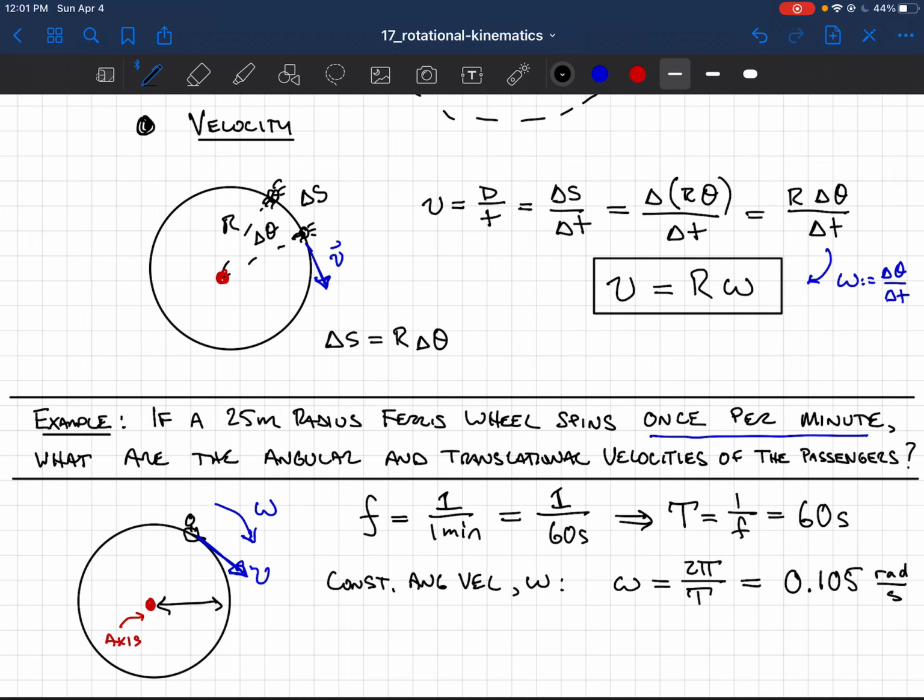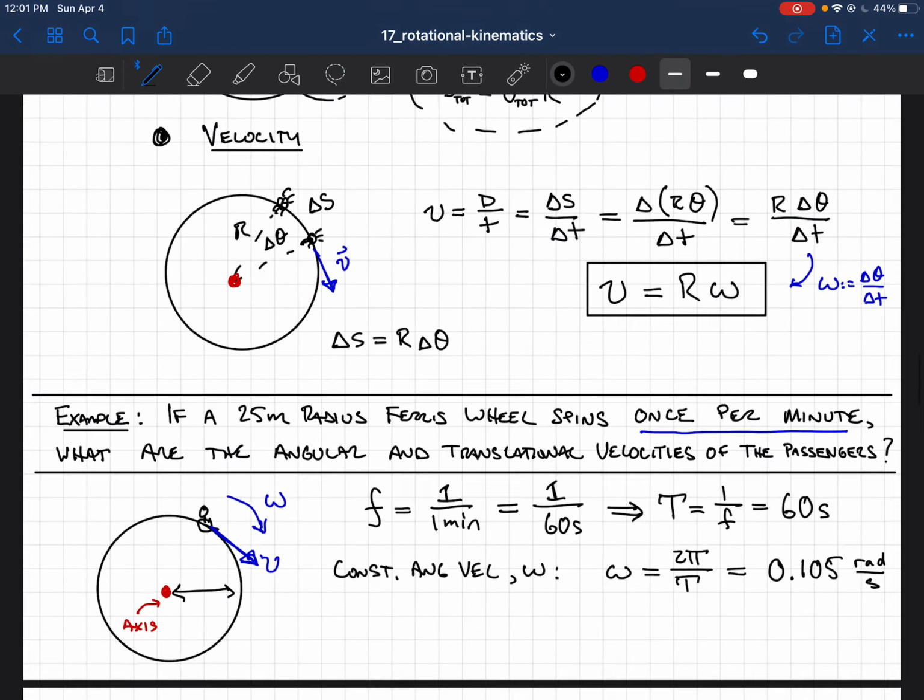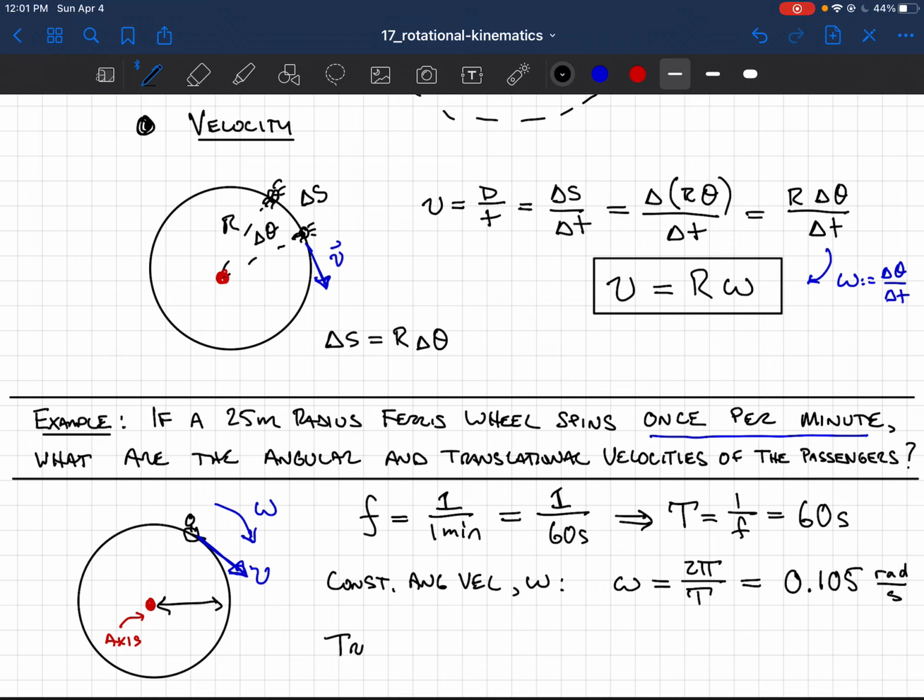Well, what is the translational velocity? What is v, the speed of that passenger as they move along that circle? Well, we just figured out the relationship. The translational speed v is r times omega.